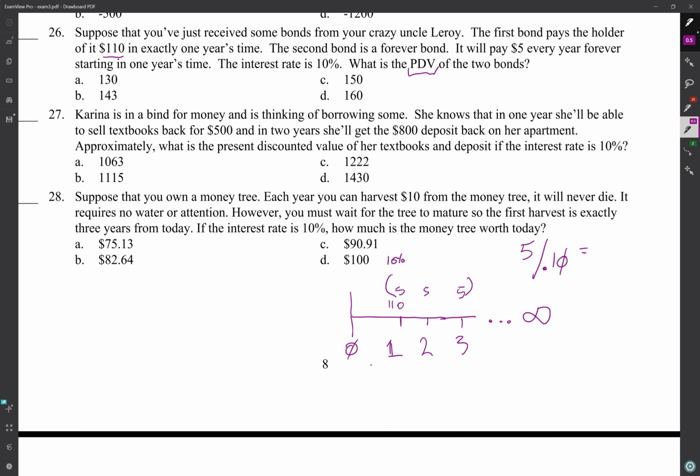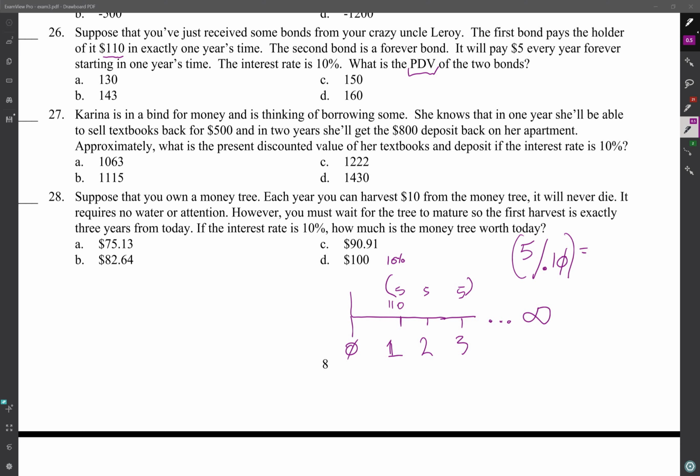So the year prior to 1, which is going to be 0 for us. So in the year prior to 1, the value of this $5 forever is going to be 5 divided by 0.10. I know we can do this in our heads, but I highly suggest we don't ever do these types of things in your heads. Use your calculators.